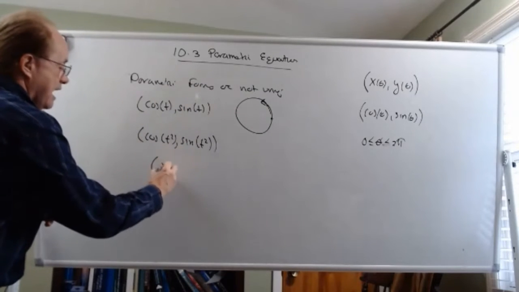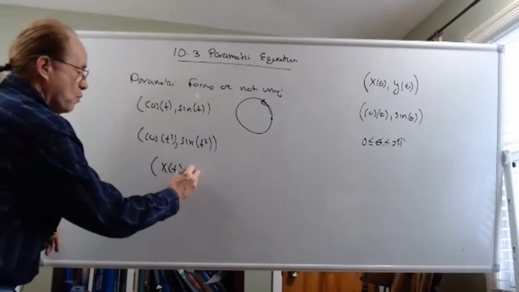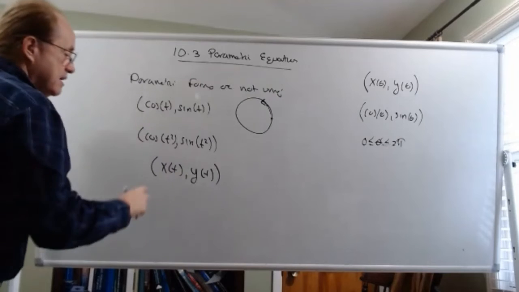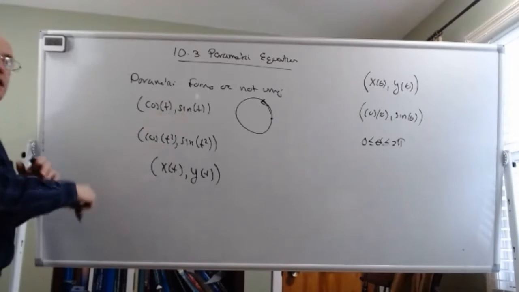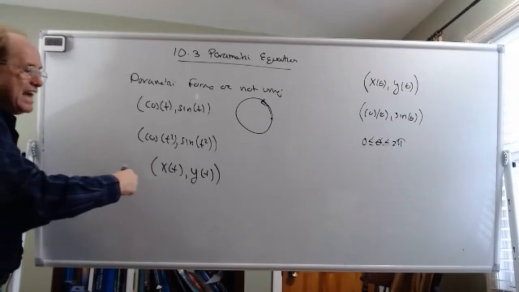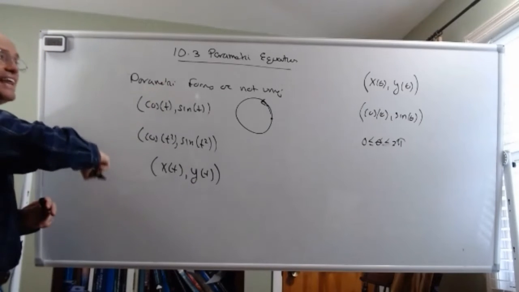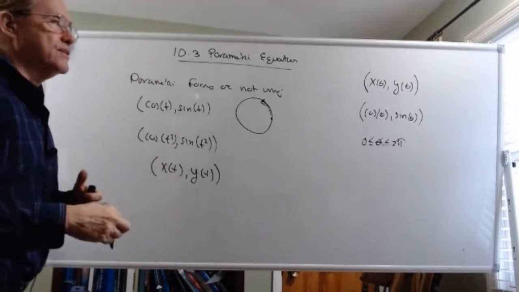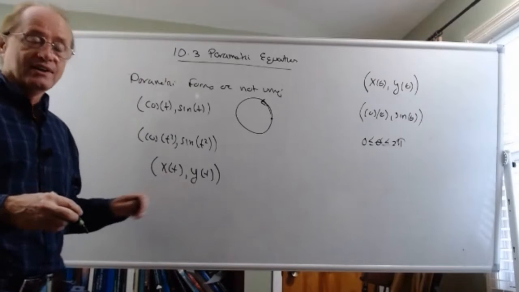I have my x as a function of t, where t is the parameter, and y as a function of t. Again, it's not unique. But it allows me to draw a curve just like I can do in the rectangular or polar coordinates, but it allows me to make it go through that curve in a certain direction and at a certain speed, which can be very important if you're going to model things in the engineering or the physics world. And that's why it becomes very important there.